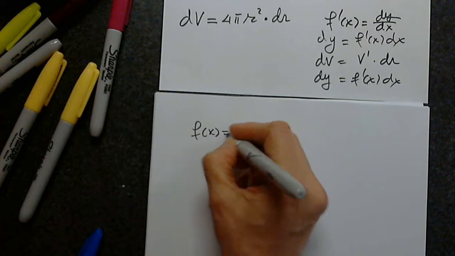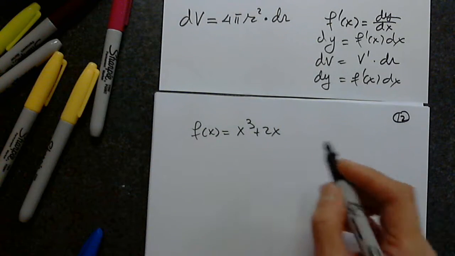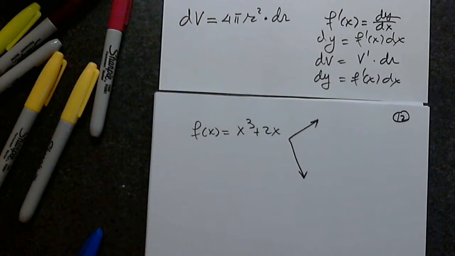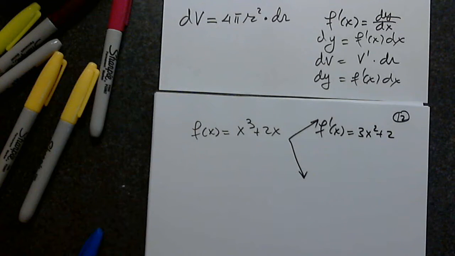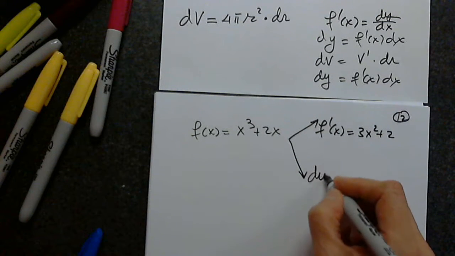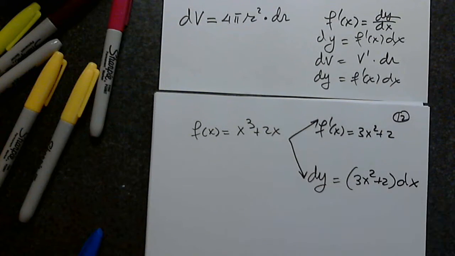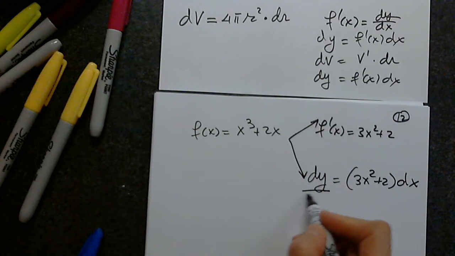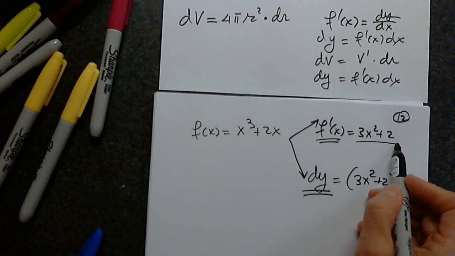Let's say we have a function which is x cubed plus 2x. We can be asked to find two different things. One is f prime of x, which is 3x squared plus 2, and I'm done. But if I'm asked to find dy, I have to write (3x squared plus 2) dx. The differential of y has to end with the differential of the variable, d of the variable. f prime is just the derivative.